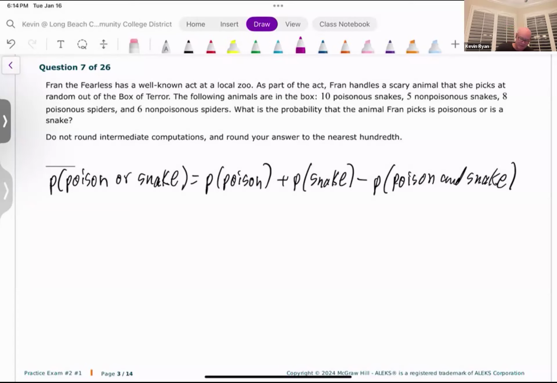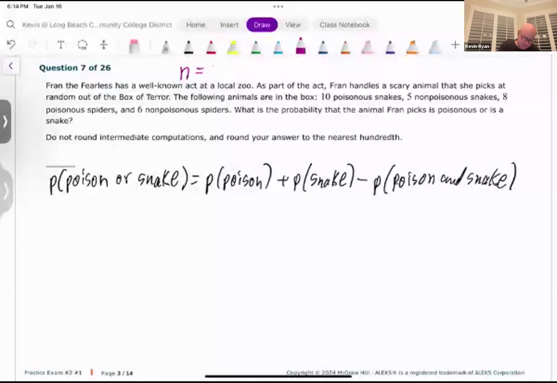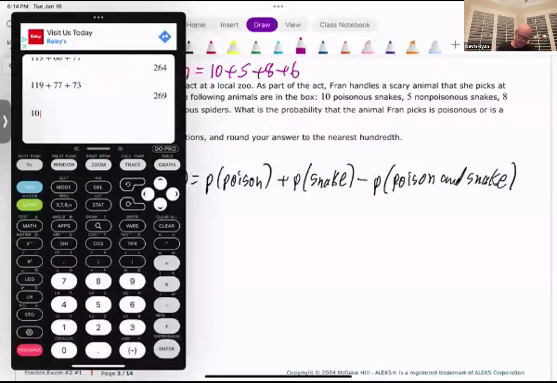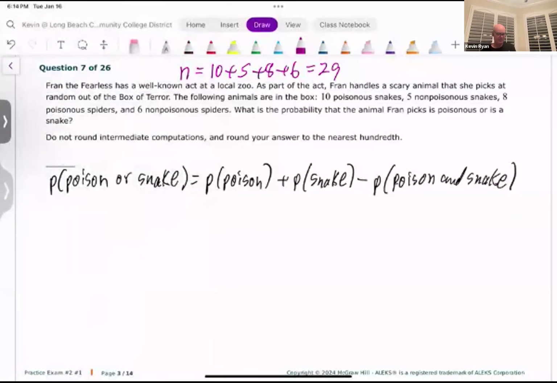And I'm going to start by trying to find how many animals are in the box total. So we have 10 plus 5 plus 8 plus 6. So my denominators can be 29.